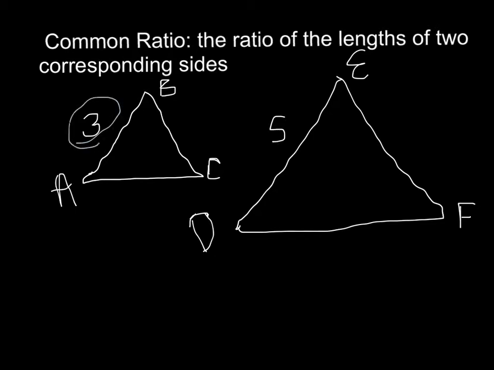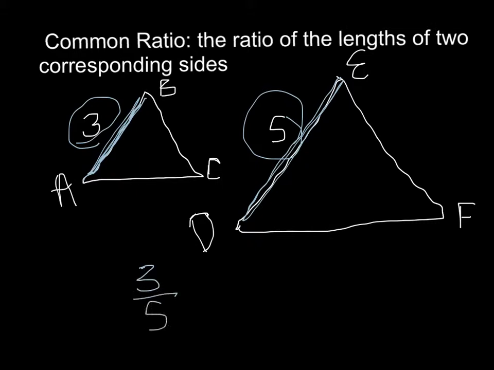You have 3 and you have 5, which are the corresponding sides AB and DE right here. So the common ratio from the side lengths would be 3 to 5.